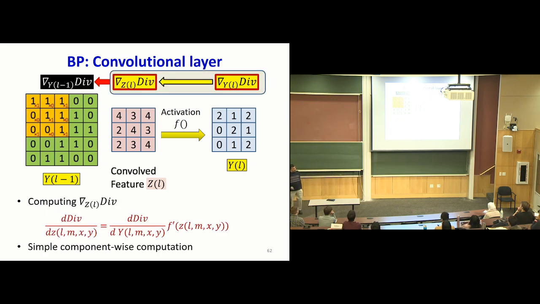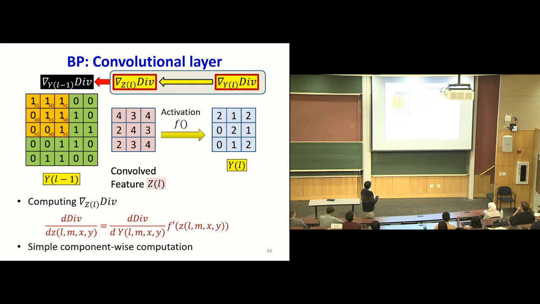Now, this portion is easy, right? Because if I already have the derivative with respect to all of these y's, each y is computed from a single z. So if I want the derivative with respect to a given z, I'm indexing z with four indices over here. L is the layer, M is the map, x and y represent the position, right?